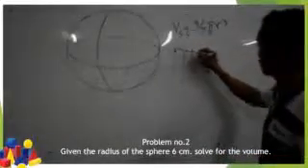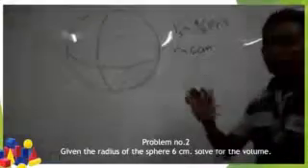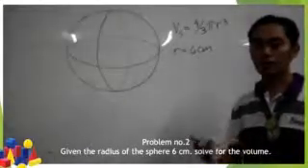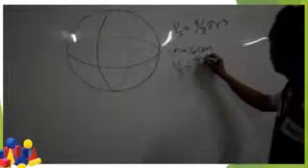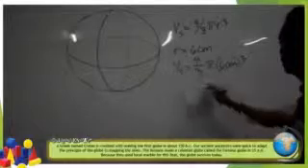Given its radius is equal to 6 cm, we must substitute the given 6 cm to the original formula of the volume of a sphere. V sub S is equal to 4/3 times pi times 6 cm raised to 3.